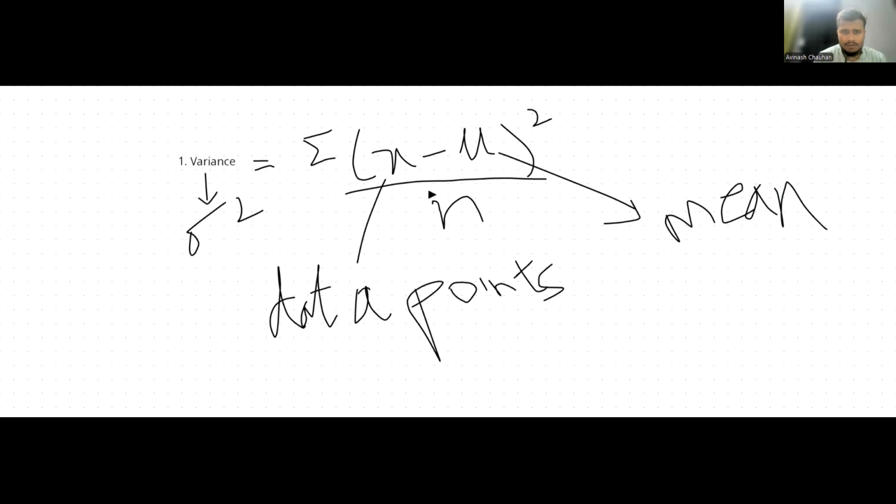We can also write x of i. And n here is the total number of observations.